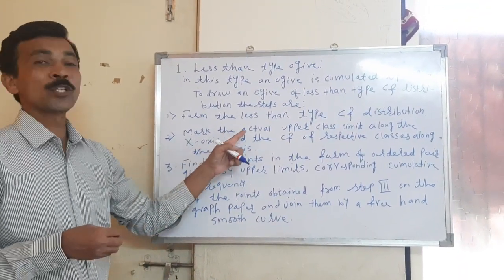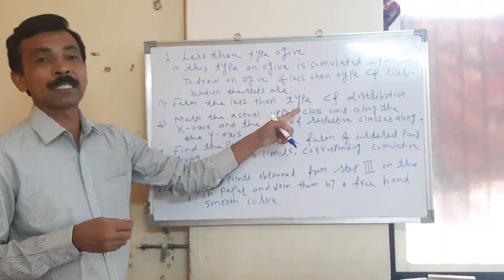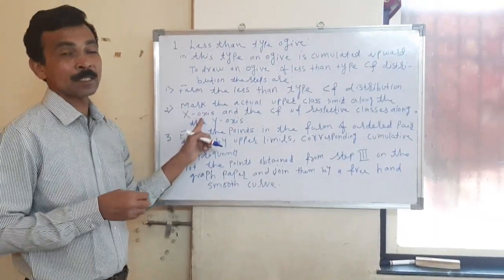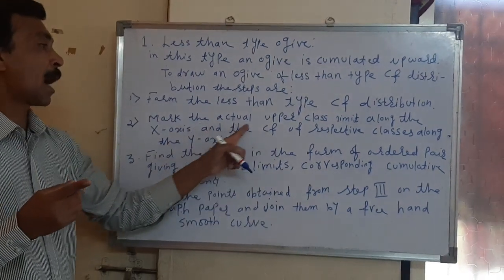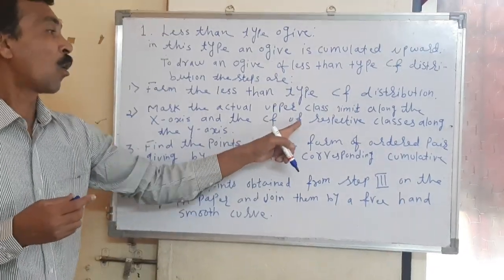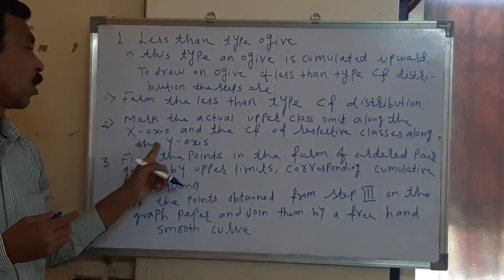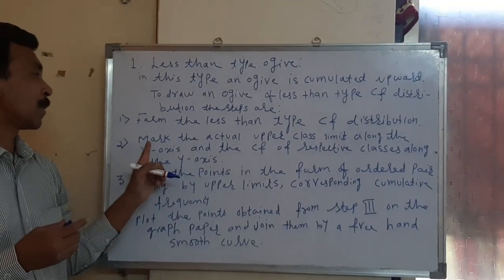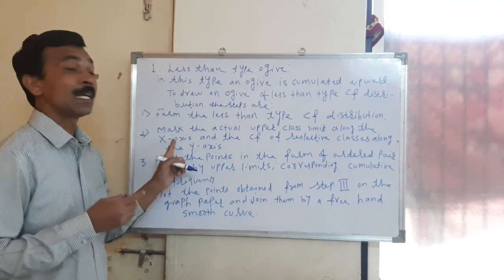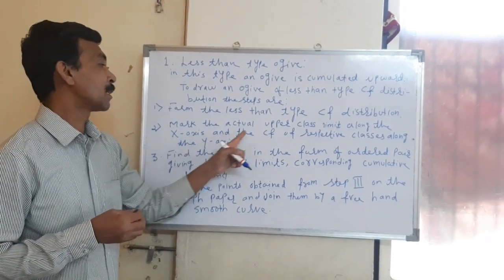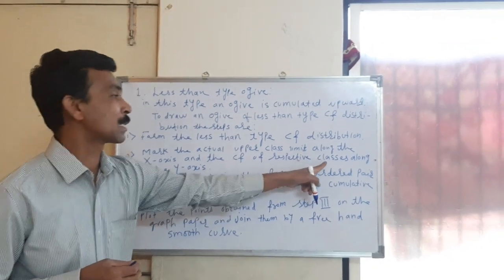Second, mark the actual upper class limit along the x-axis, and the cumulative frequency of respective classes along the y-axis. Again I repeat, mark the actual upper class limit along the x-axis and the cumulative frequency of respective classes along the y-axis.